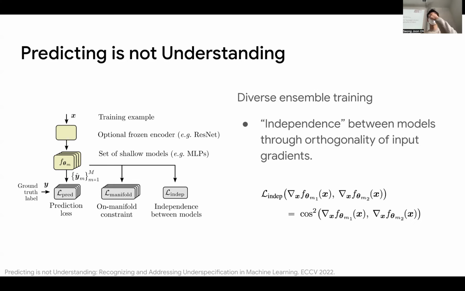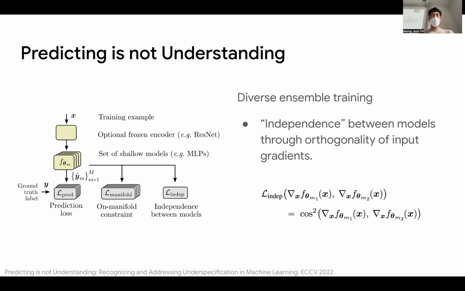Not the gradient of the weights of the network, but of the pixels of the image. Yeah, so the ground truth labels are used for generating the input gradients. That's an important detail.